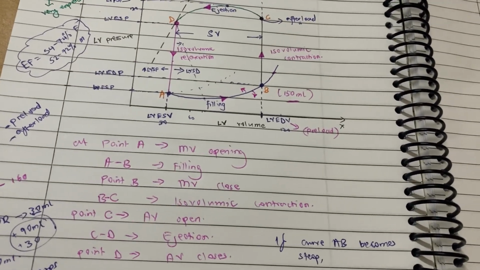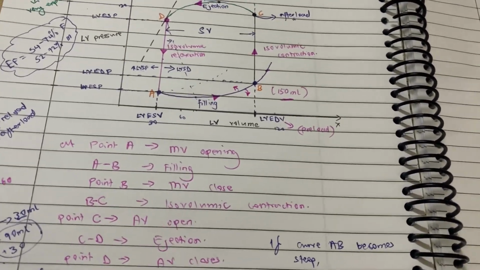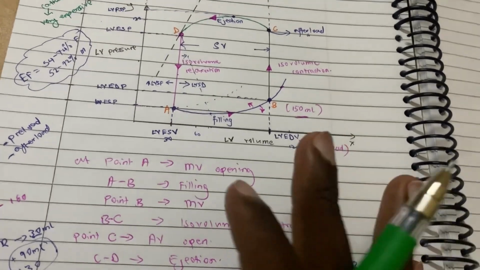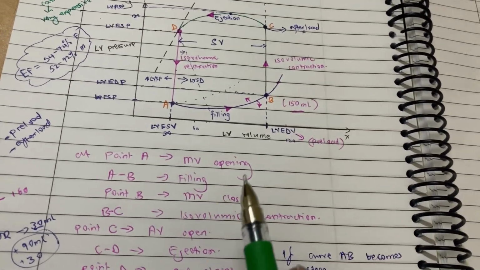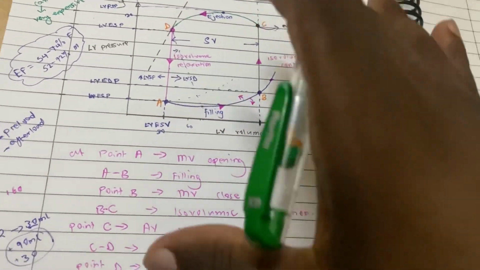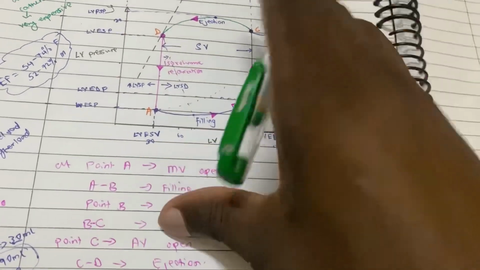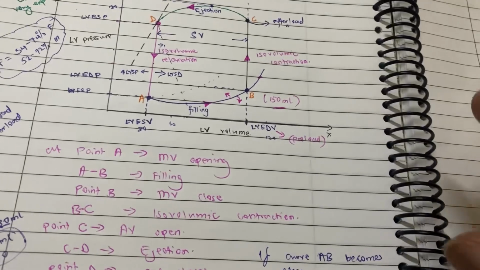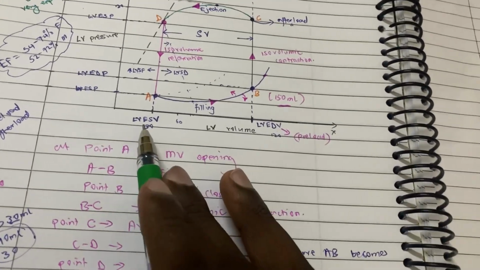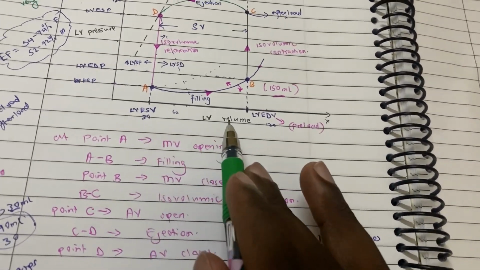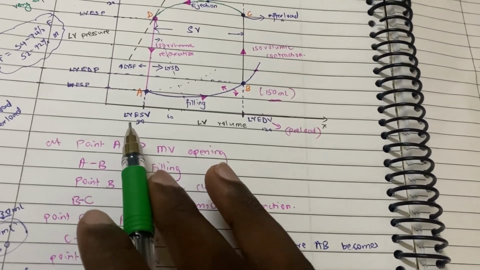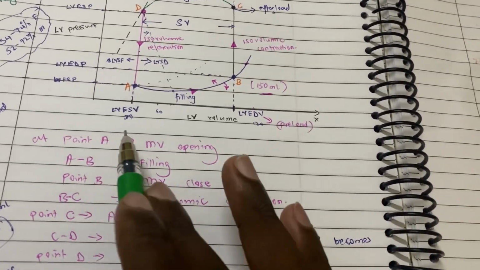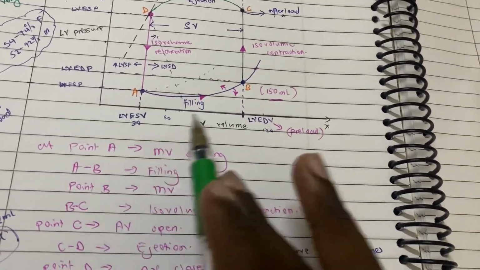So with the pressure volume loops, we have finished. What we have seen are these different points. You don't need to cram this, because this is basic physiology of the cardiac cycle. What is not basic is the concept of LVEDP, LVEDV, LVSV, LVESV.